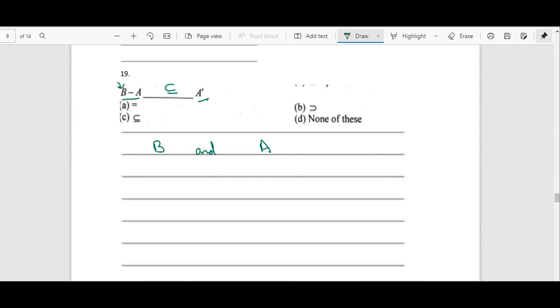It could be that it is equal, but it is not necessarily true, right? So we are going to go with the C option, because it is something which is going to hold for every situation, no matter if B is the universal set, no matter if B is a random set in the collection of sets, right? Okay. So we're done with this as well.